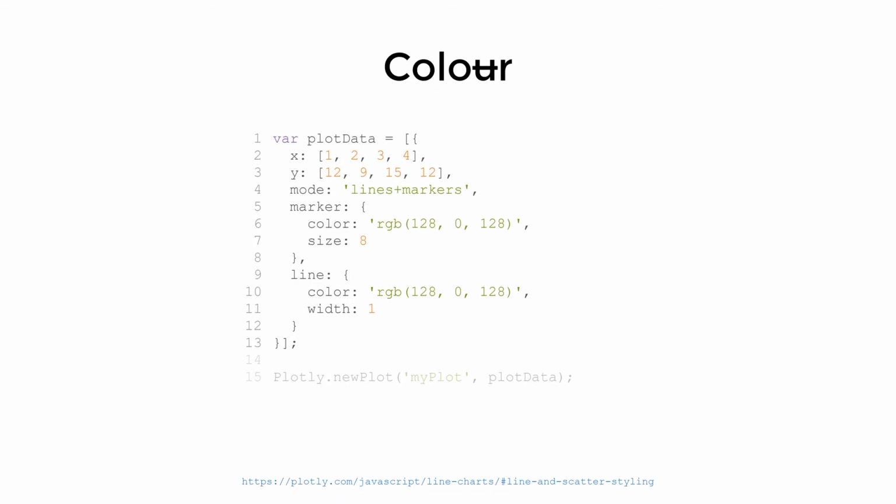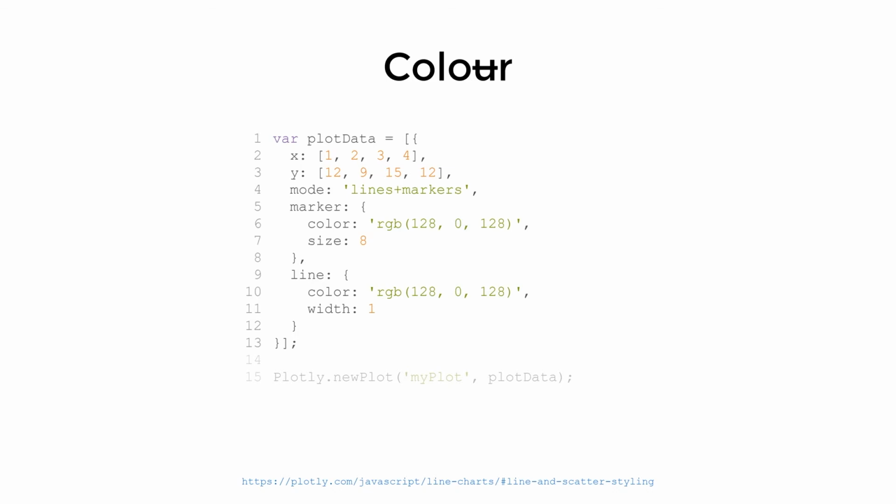Speaking of color, let's talk about how we can change the color of our lines and markers. Now, this doesn't actually happen in the layout section. This particular style only is applied within the data object itself.